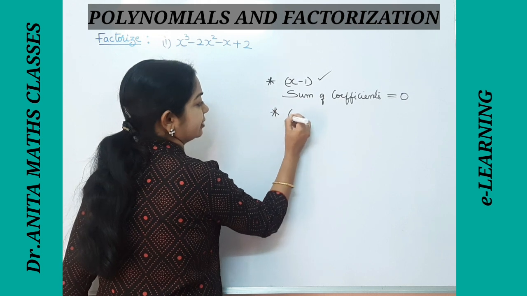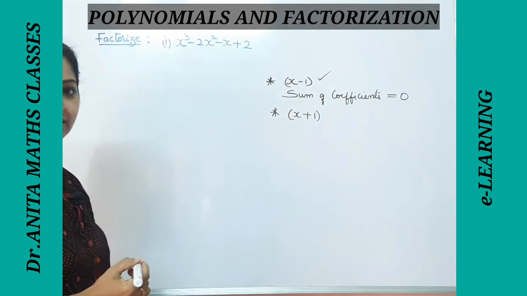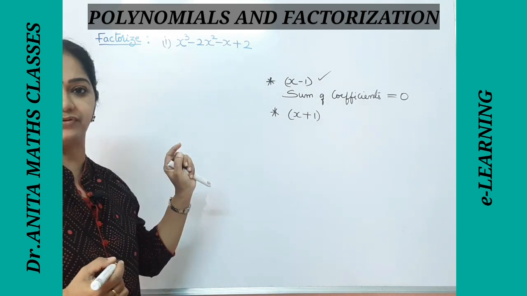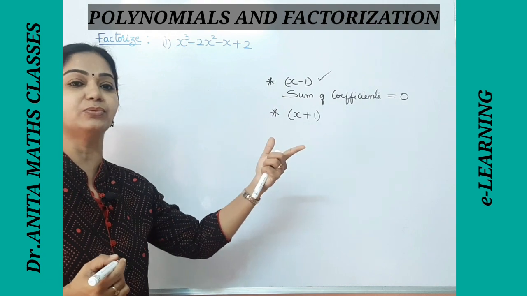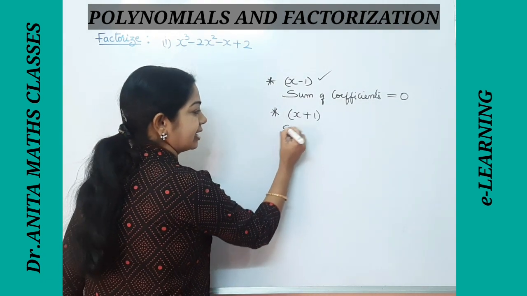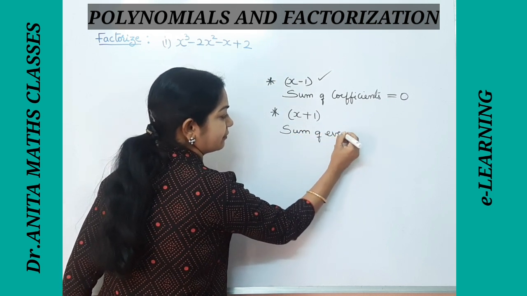Similarly, we have another condition for x plus 1. If x plus 1 is a factor, the condition is that the sum of the even powers of x must be equal to the sum of the odd powers of x. Okay. Then we say that x plus 1 is a factor.